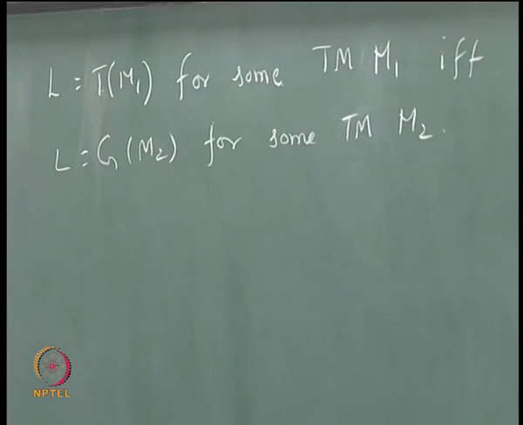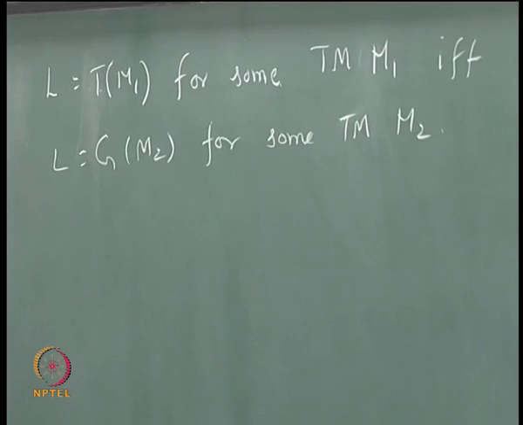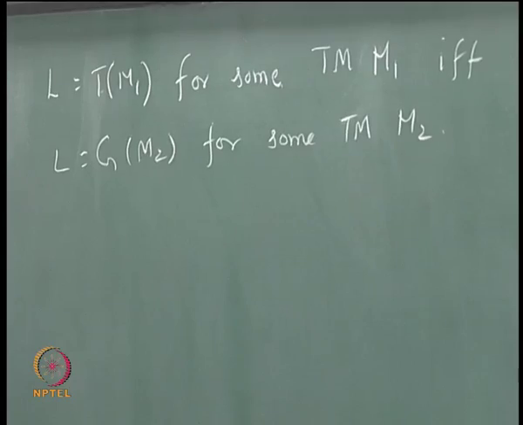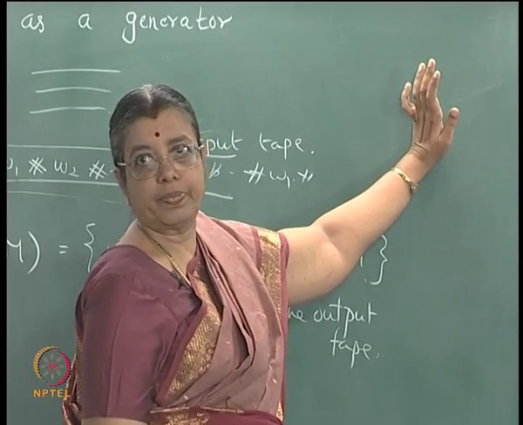That is, if L is accepted by a Turing machine M1, then L is generated by some other Turing machine M2 and vice versa. Okay.